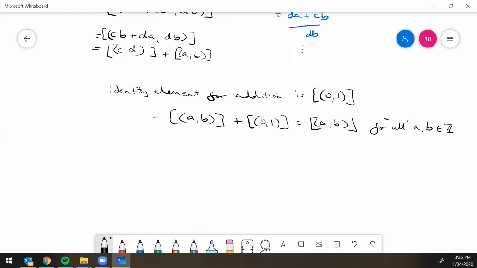That's incorporated, that'll work. And then we have inverse under addition.